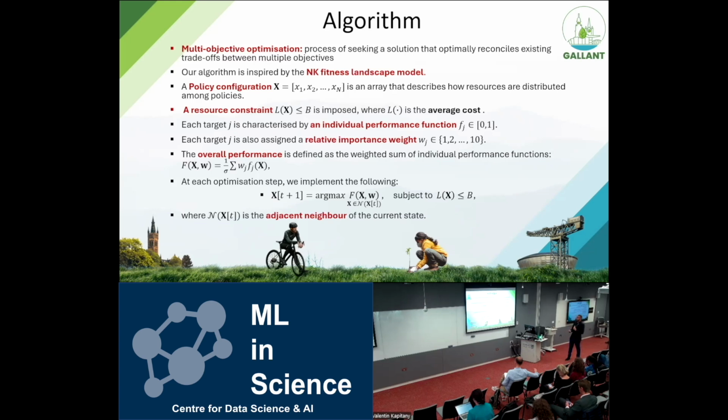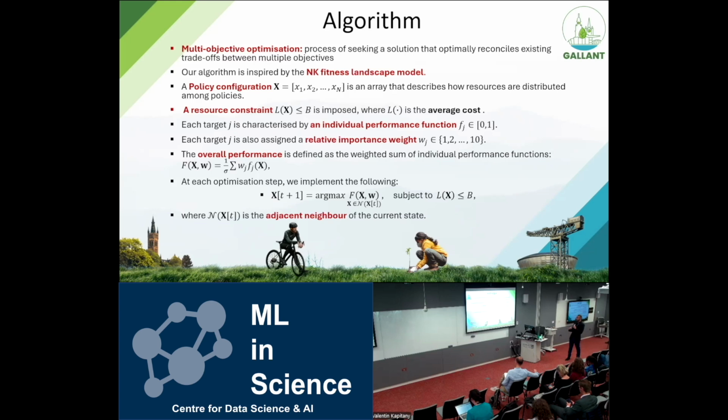Then each target within the network is characterized by an individual performance function or an objective function, which we need to optimize. In addition to that, each target is assigned a relative importance weight ranking, representing its ranking in a priority list. And the overall performance for each policy configuration is calculated as the weighted sum of all individual performance functions.